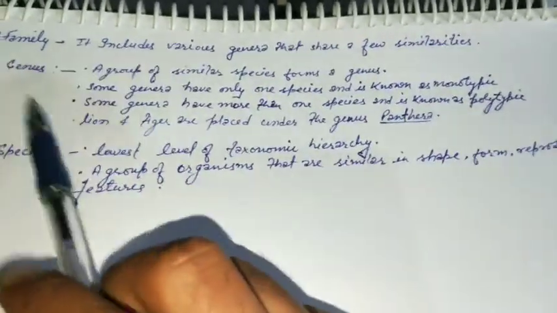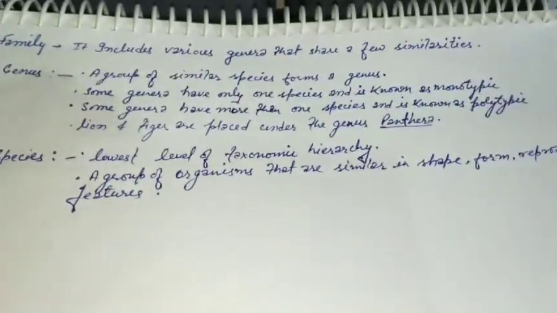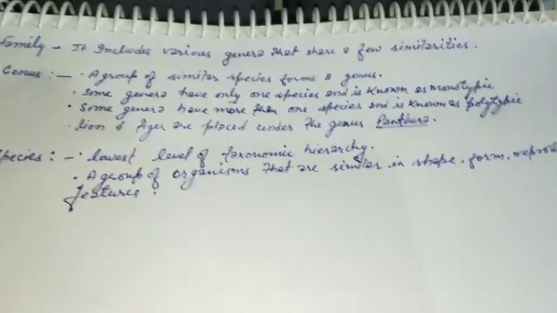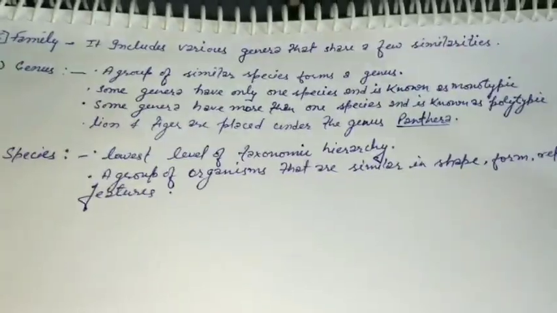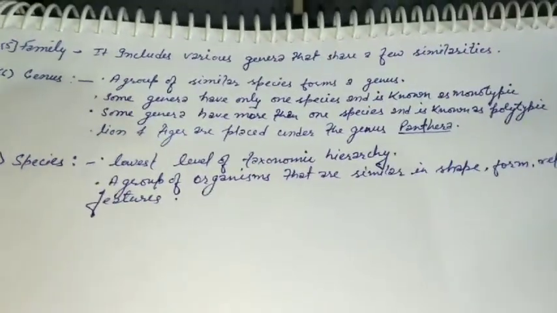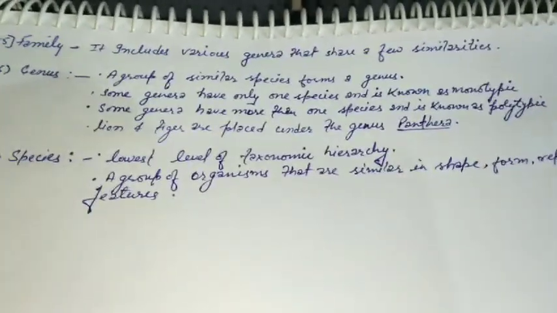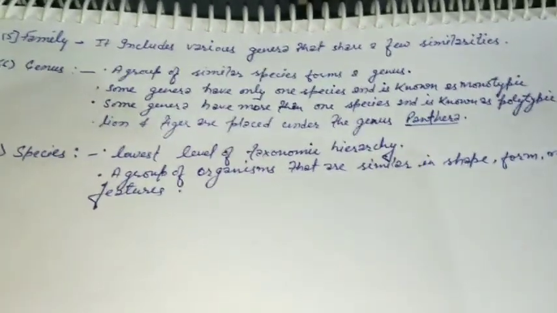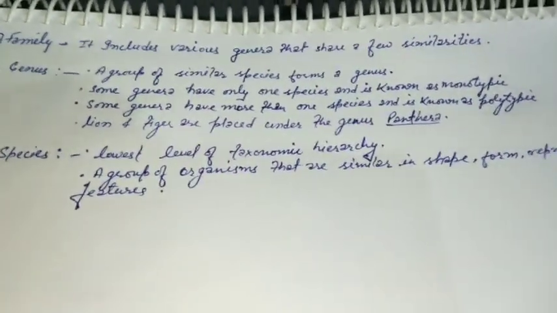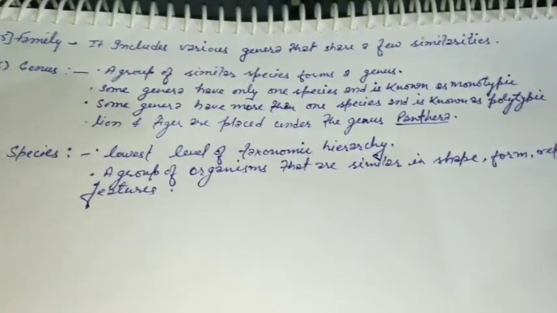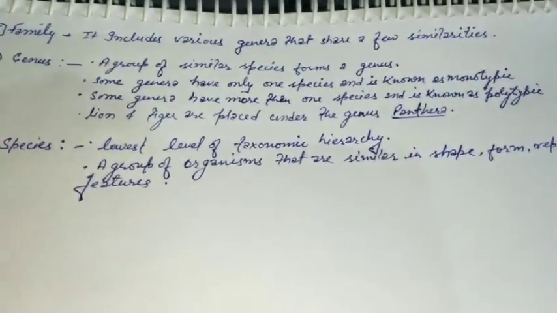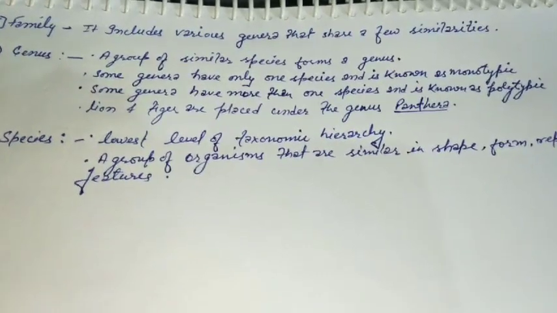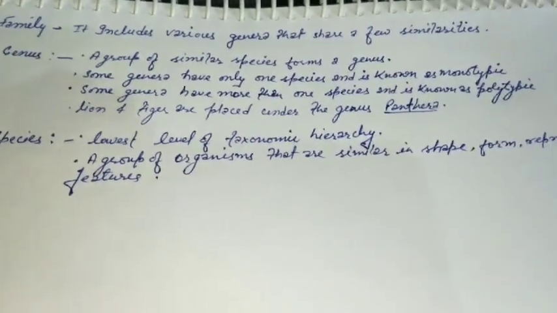The next taxonomic rank is genus. Genus is usually a group of similar species. Many similar species together constitute a genus. Some genera have only one species, so these are called monotypic genera, while some genera have more than one species and are known as polytypic genera.